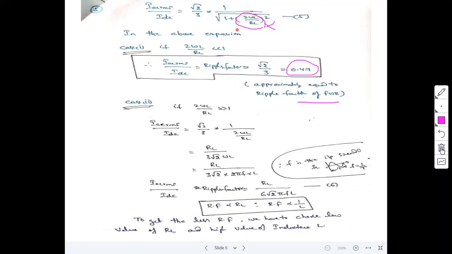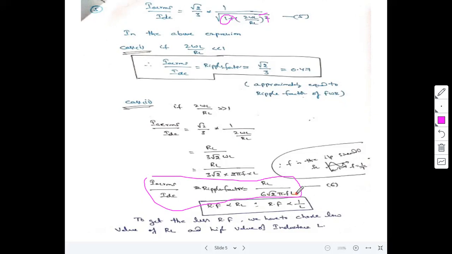So in this case we neglect this term, because 2 omega L by RL is very much greater than 1, and the square root cancels. Then the ripple factor, IAC RMS by IDC, is equal to RL by 3 root 2 into 2 pi f into L. Further simplifying, the ripple factor is equal to RL by 6 root 2 pi f into L.